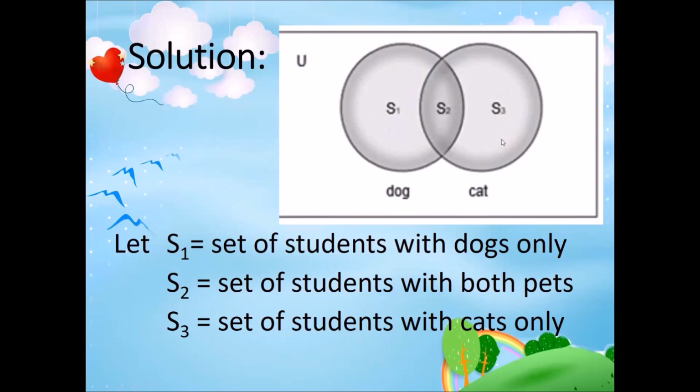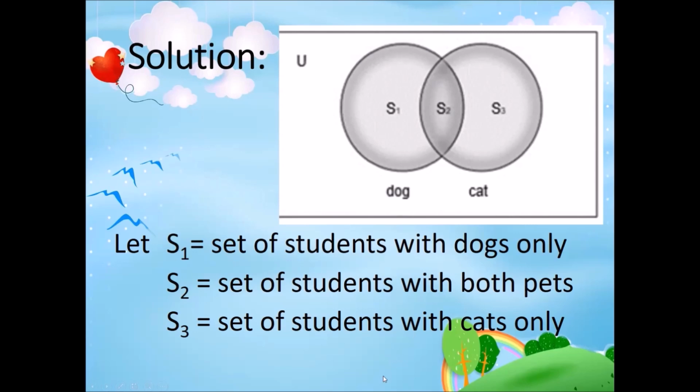So through this diagram, ito ang set S sub 1, which is the number of dogs only. At ito ang kanyang intersection, or it means parehas na mayroong pusa at mayroong alagang dog. At ang S sub 3 is the set of students with cats only.